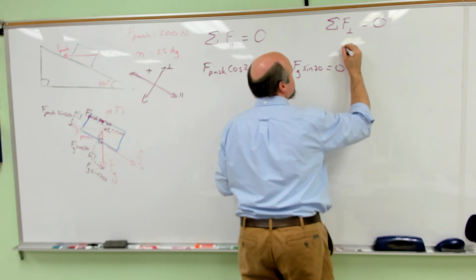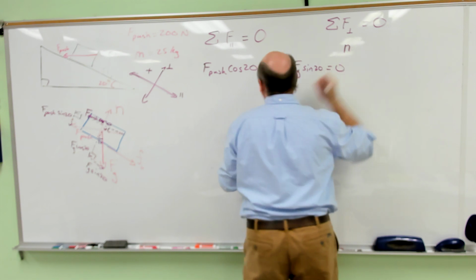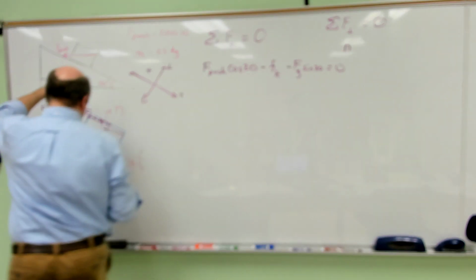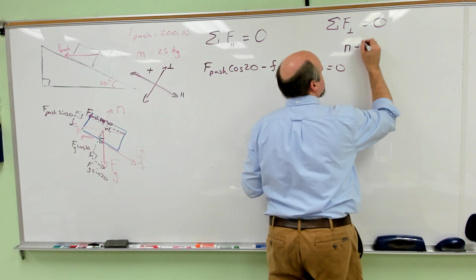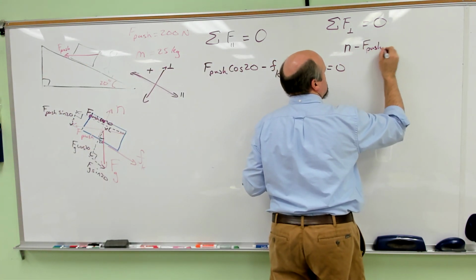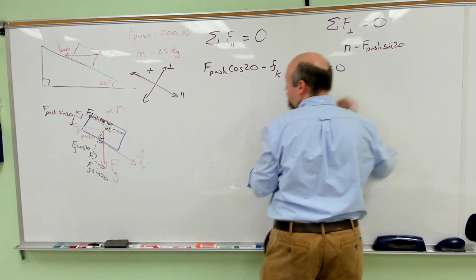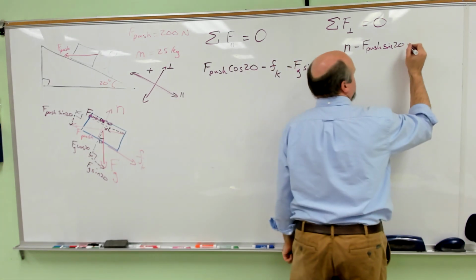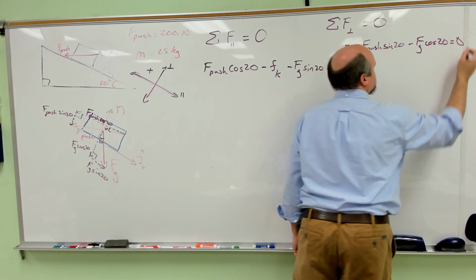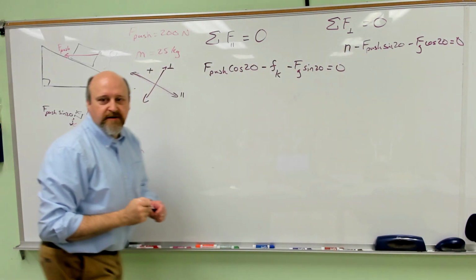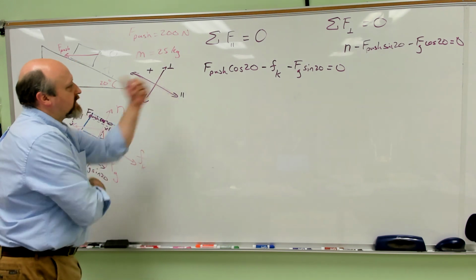Going into the ramp, I've got these two. So it'll be minus F push sine 20, and minus Fg cosine 20. And those should add up to 0. All right, so there's my equations.